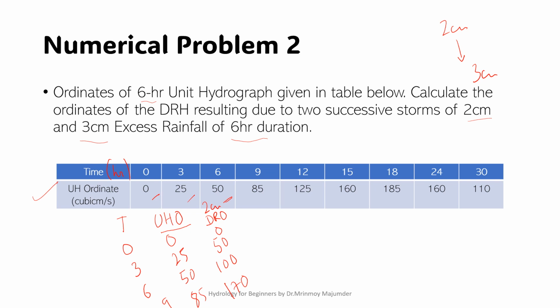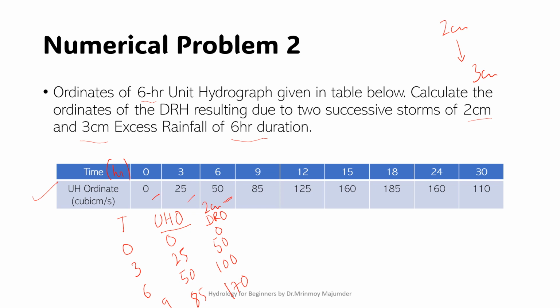How can I do this? Because this 2 centimeter excess rainfall has occurred from 0. But this 3 centimeter excess rainfall has occurred after 6 hours of the first storm. So for that, I have to lag this unit hydrograph by 6 hours.